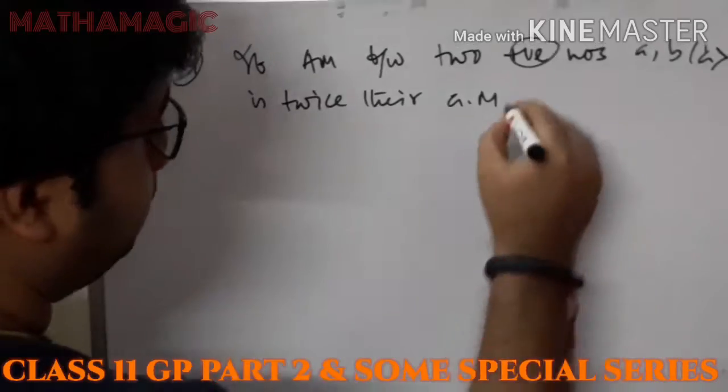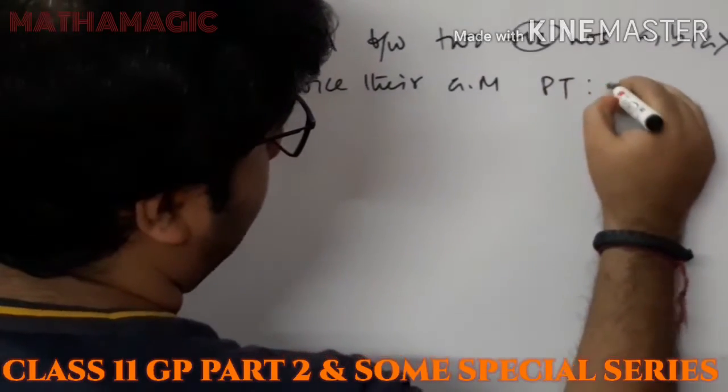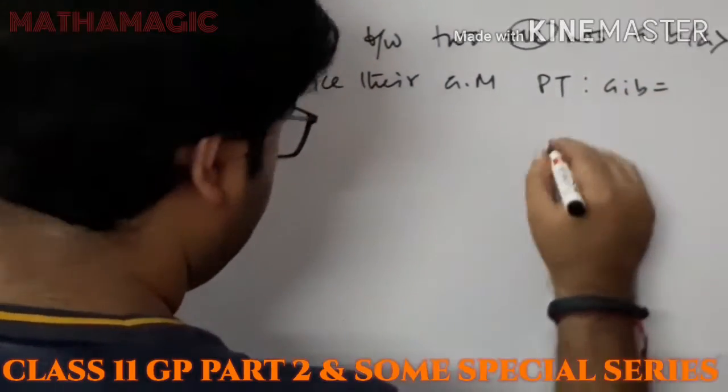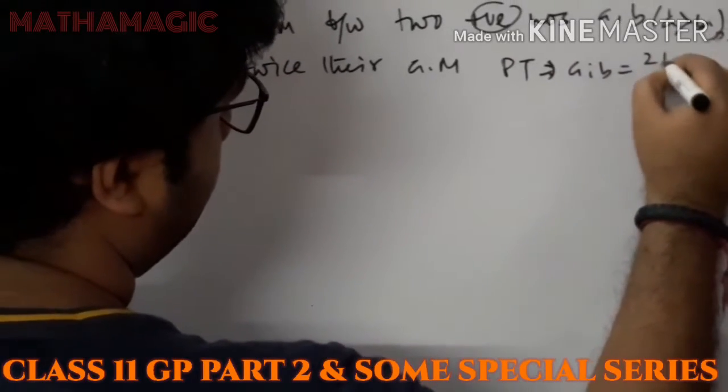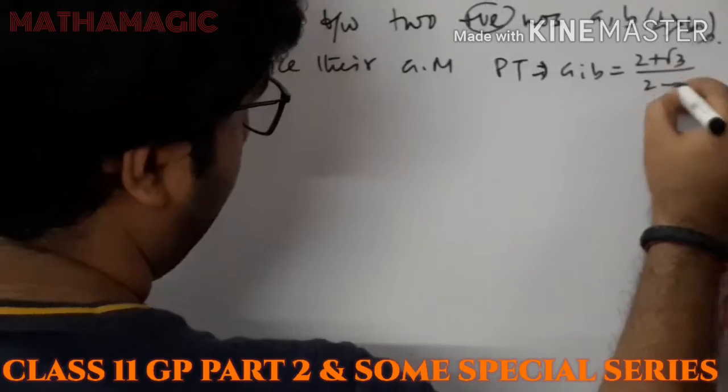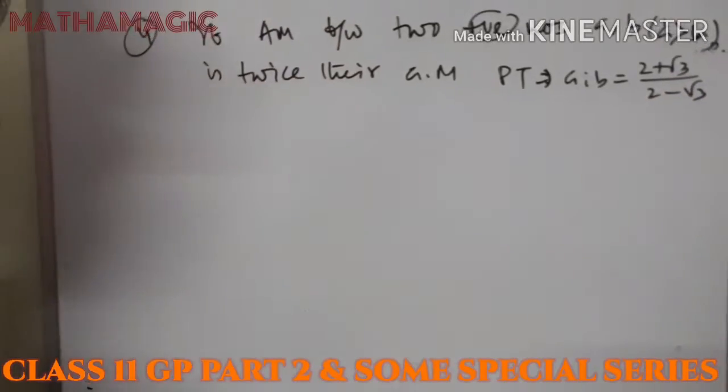Then prove that A is to B equals 2 plus root 3 divided by 2 minus root 3. This is the problem we have to solve.